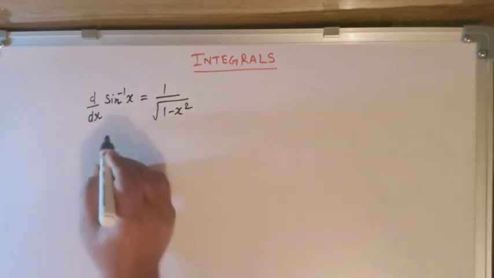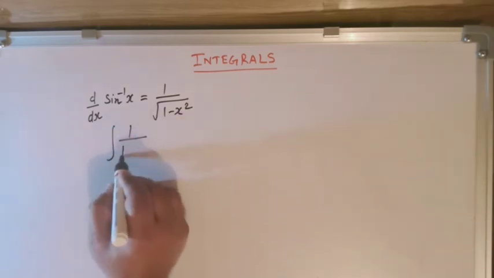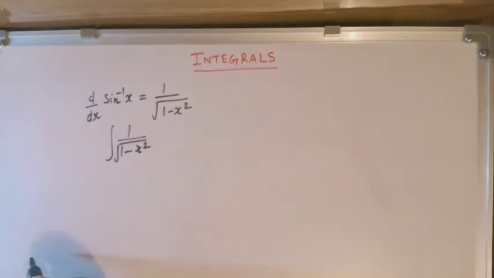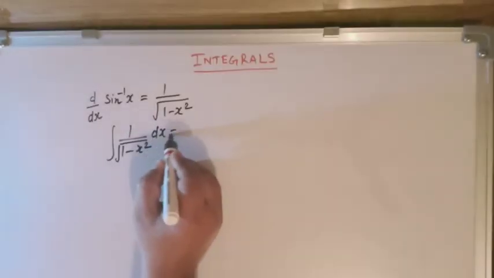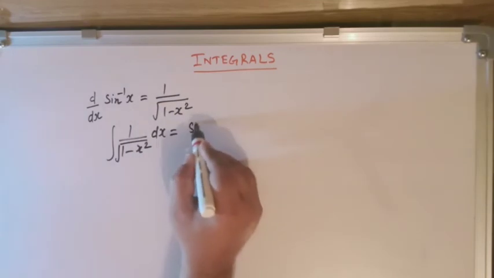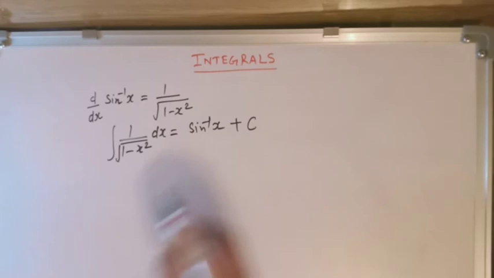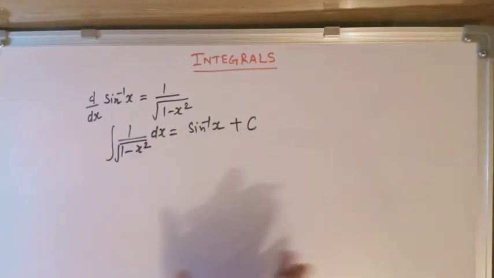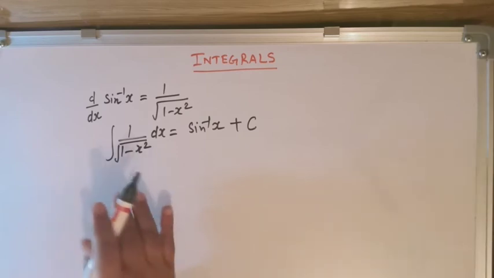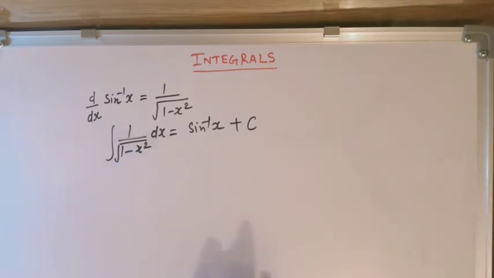So we can write the integral of 1 over the square root of 1 minus x square dx is equal to sine inverse x plus c. And similarly, we can define the formula for other inverse trigonometric functions.